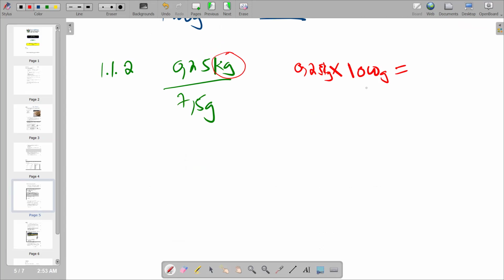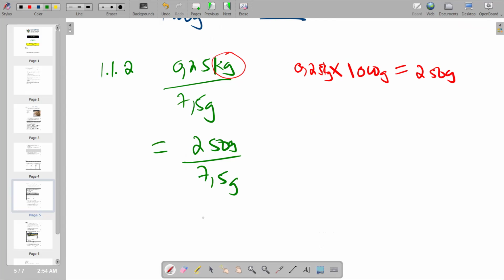Remember, 1000 grams is equal to 1 kg. So if you express kgs in grams, you multiply by 1000. If you multiply there, you see that the answer that we're going to get will be 250 grams. So if you come here, it becomes 250 grams divided by 7.5 grams.